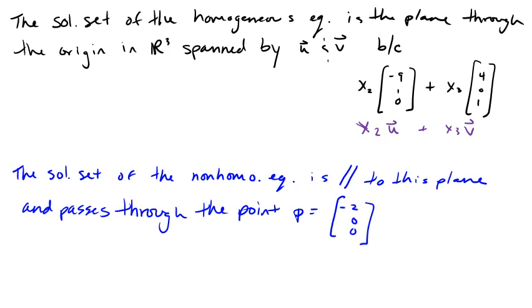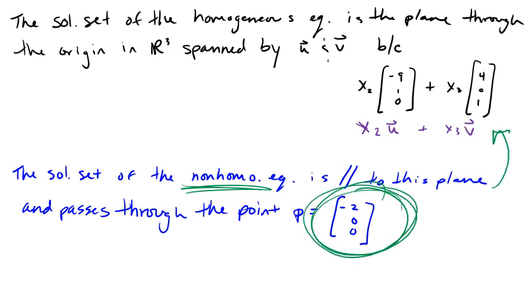And all that is the difference, which was that constant matrix. Okay, so they are the same thing, but the non-homogeneous equation is parallel to this plane, and it passes through this point.